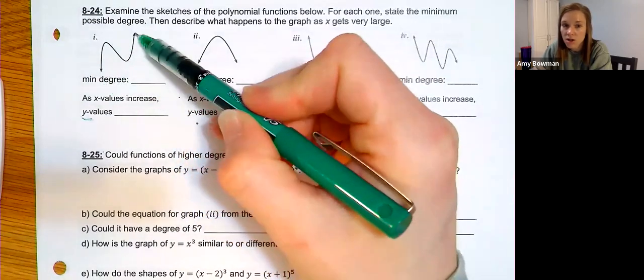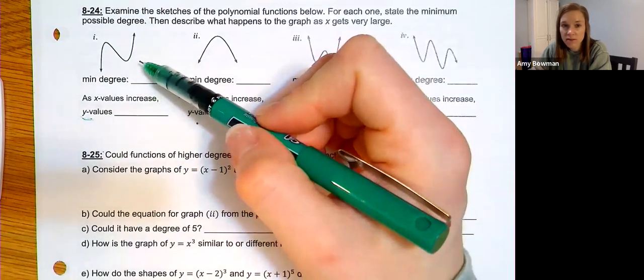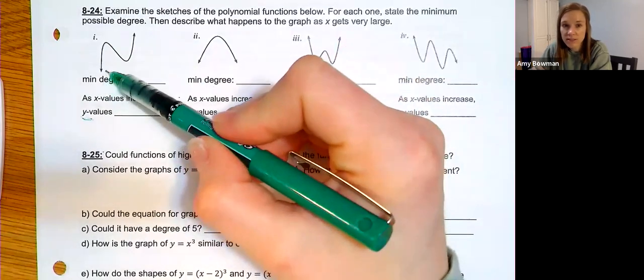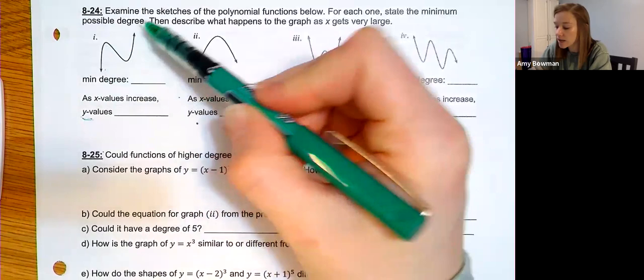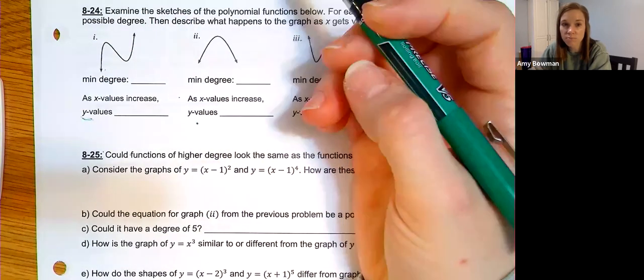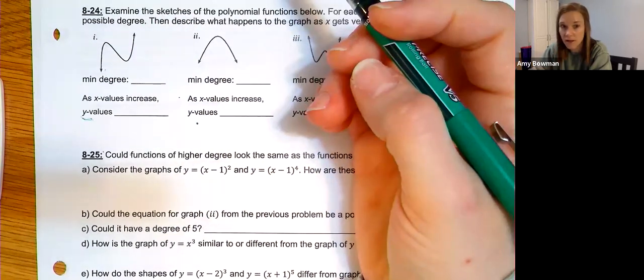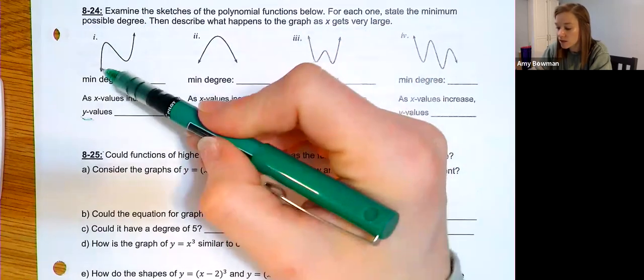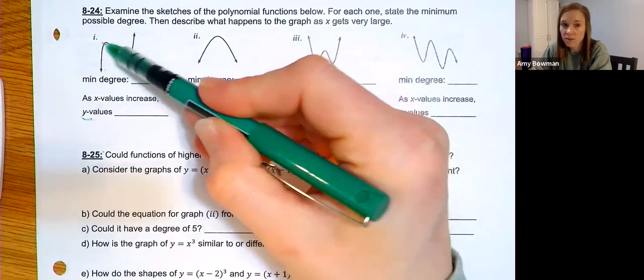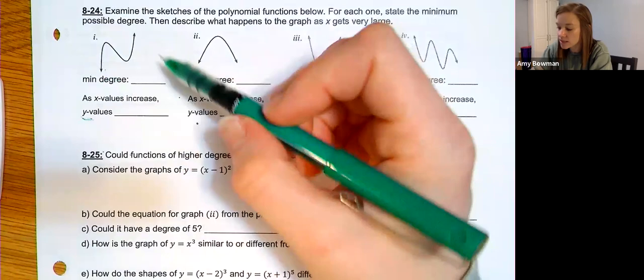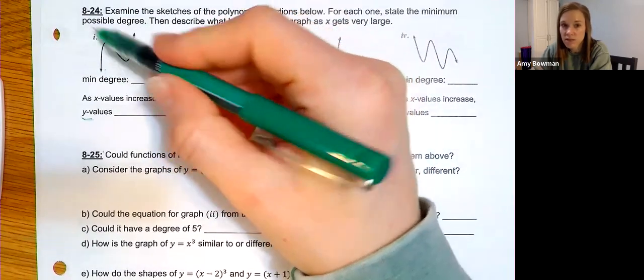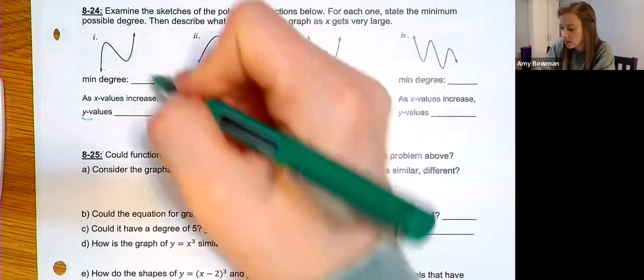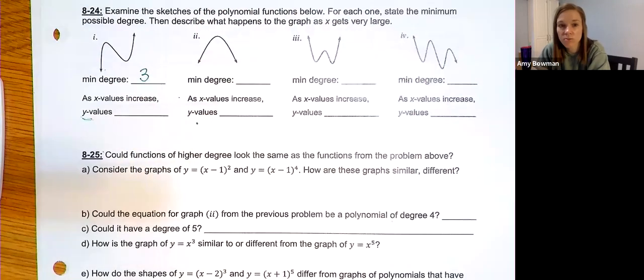So it couldn't be 1, and then we'll just work our way up. Could it be second degree? We know second degrees are parabolas. This is not a parabola. Third degree, could this be a third degree polynomial? Yeah, it could. So this is like a sideways S function. So this at the very least would have to be a third degree polynomial.